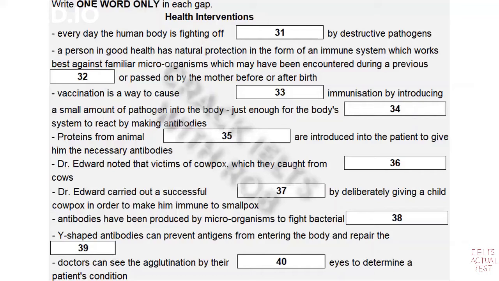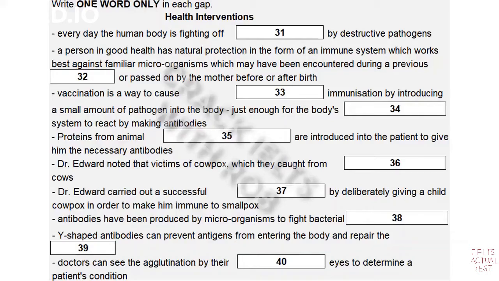In other words, they were immune. He studied a similar disease in cows called cowpox and realized that people in contact with the infected cows became ill with symptoms resembling smallpox. However, this disease was quite mild by comparison, and those who contracted cowpox were then immune to smallpox.